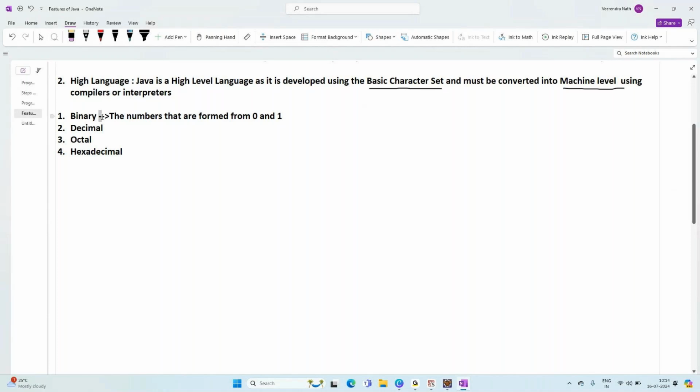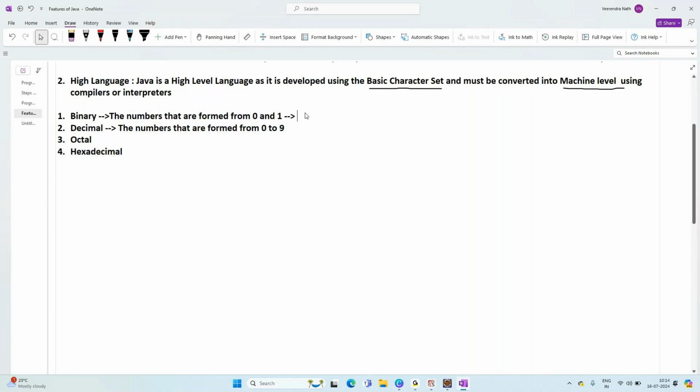Then what are decimal numbers? The numbers that are formed from 0 to 9. Now mathematically, what are these numbers?